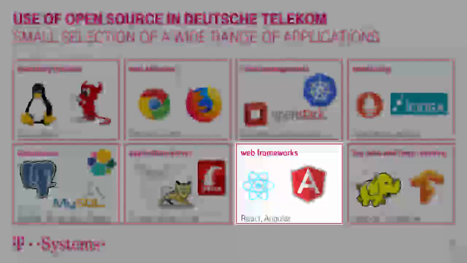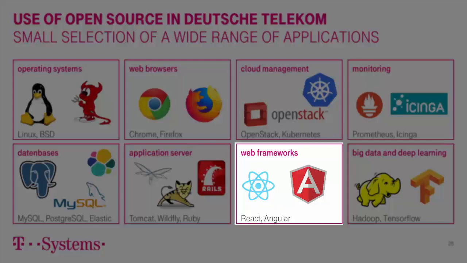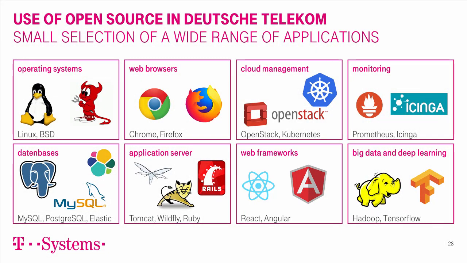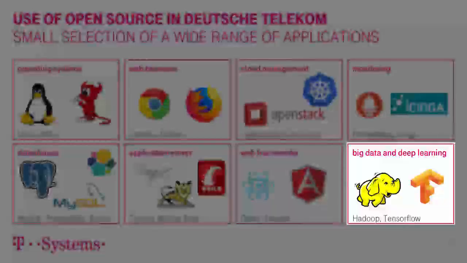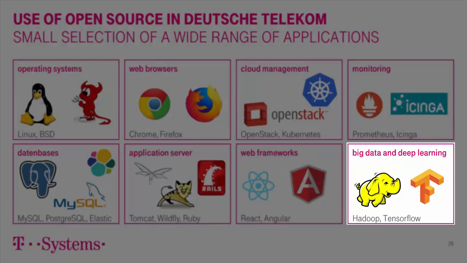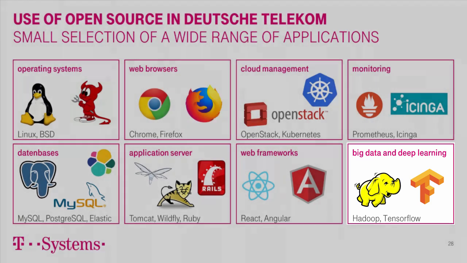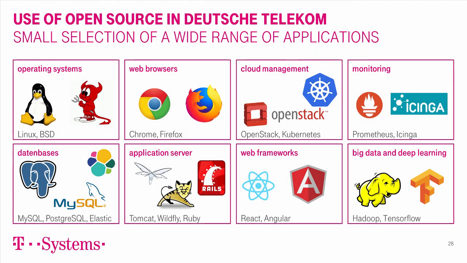The same applies for front-end frameworks. Think of React or Angular. And even the big data and deep learning area is well covered by open source, as Hadoop is a major big data platform, TensorFlow is a deep learning framework that got released under open source licenses.